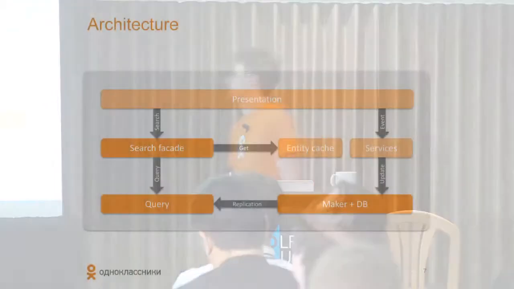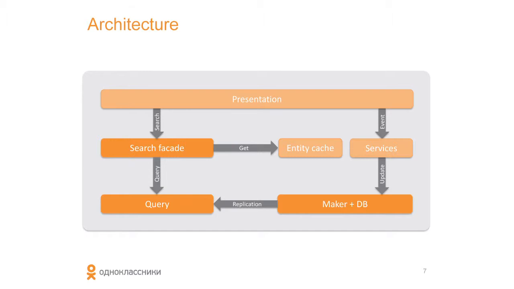So what is underneath? In light orange, there are the main portal systems, and dark orange is the search system parts. When you trigger some data change, your request arrives from the presentation layer to some service. You do the data change, and then there comes an asynchronous update to the server responsible for indexing.